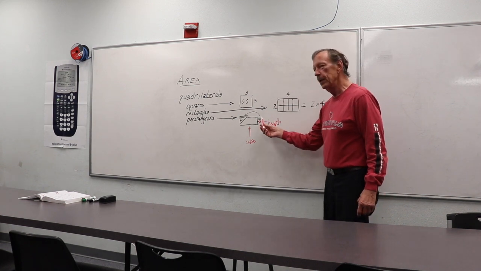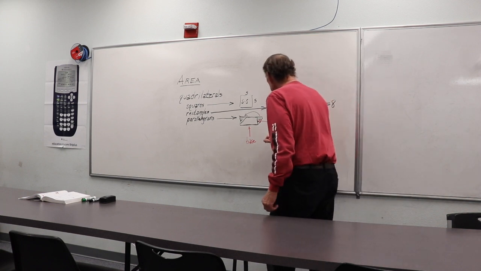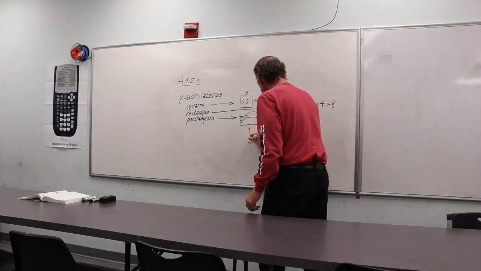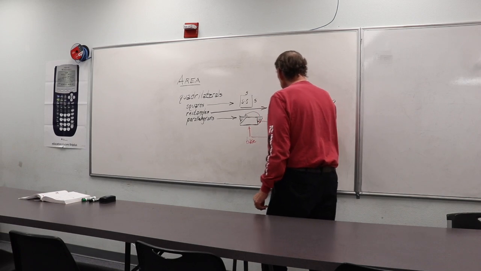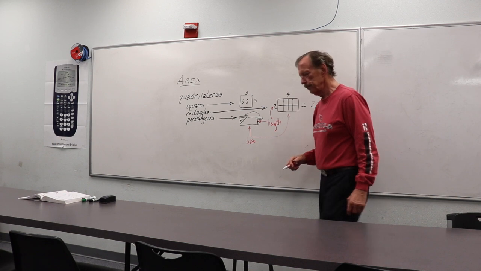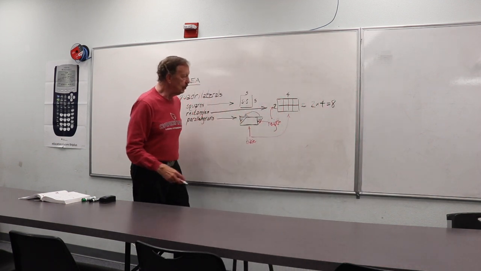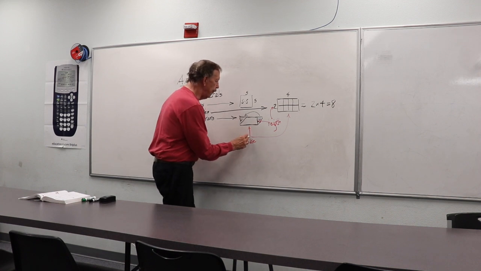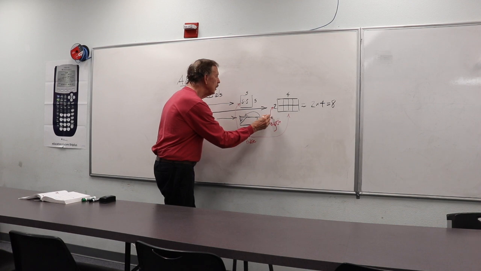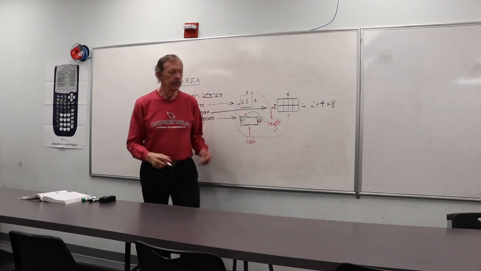And so the formula stays the same because in this, our height would be 2, and our base would be 4. In the picture of a square, the base and the height are the same.